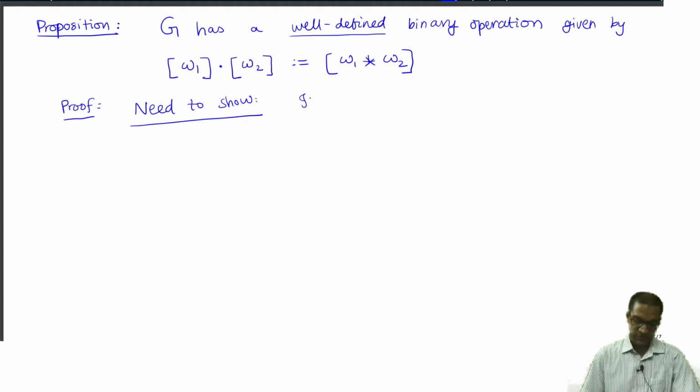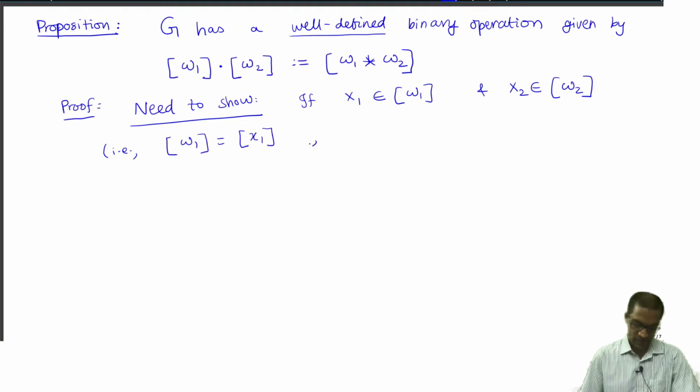So if x1 is another representative, it belongs to this equivalence class, and I pick a different representative x2 from the equivalence class W2, then what does that mean? I.e., instead of taking W1 as my representative, I am thinking of x1 as my representative of that class, and similarly for W2.